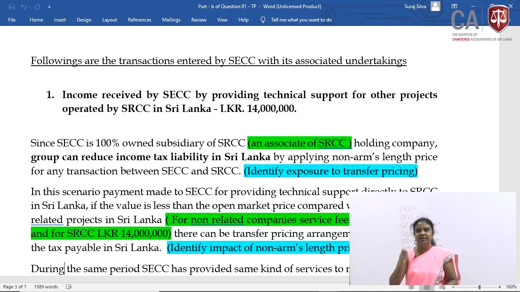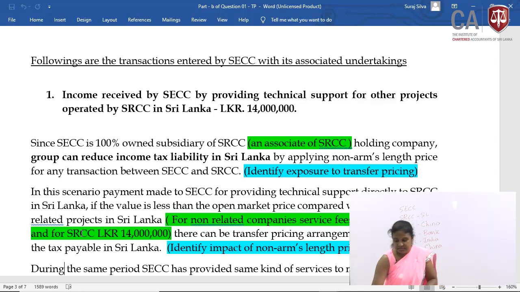Then we will see the individual transactions, how I have extracted each transaction in the question itself. First transaction: income received by SECC by providing technical support for other projects operated by SRCC in Sri Lanka, LKR 14 million. In the question, this is very clearly provided in other income. SECC is providing feasibility study support services to the other companies or other projects of SRCC.